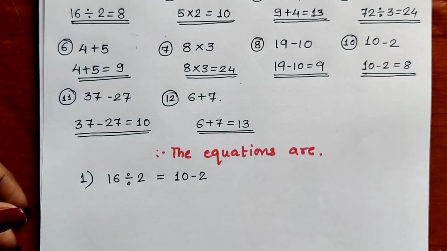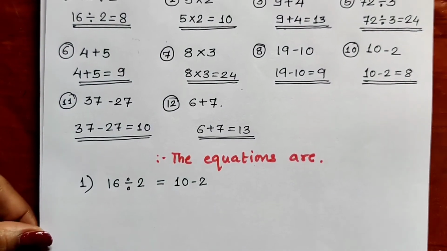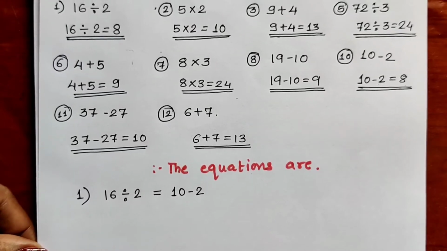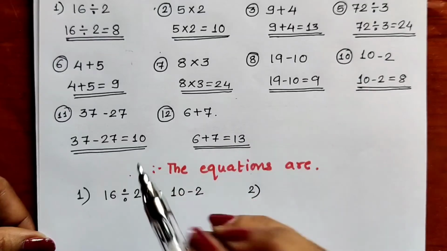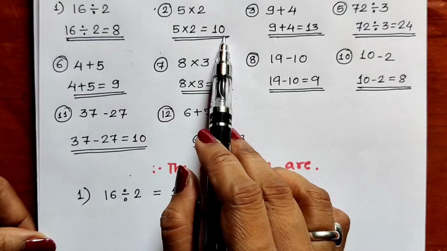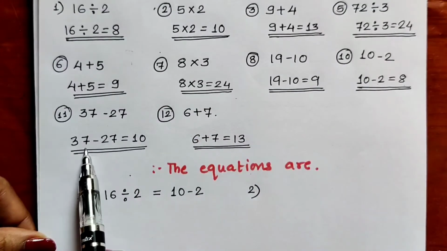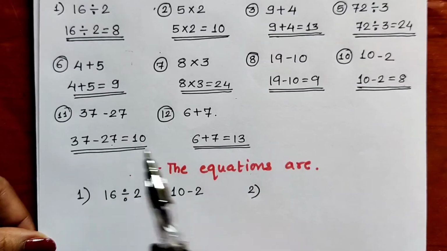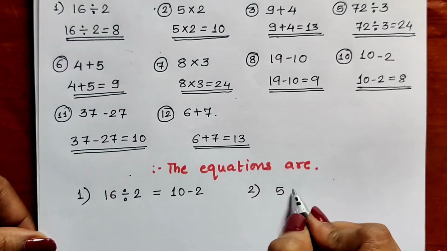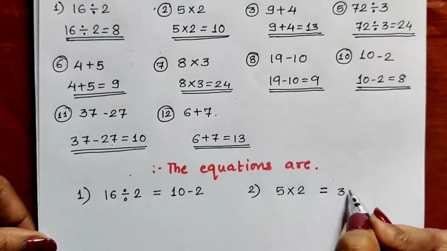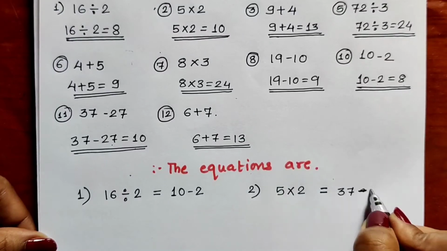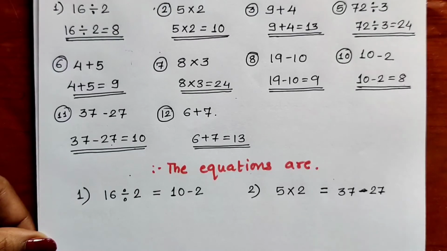Okay, now let us see what can be the second equation. Now 5 2s are also 10 and 37 minus 27 is also 10. So 5 multiplied by 2 will be equal to 37 minus 27. This is our second equation.